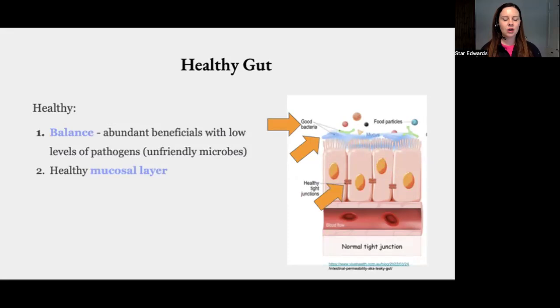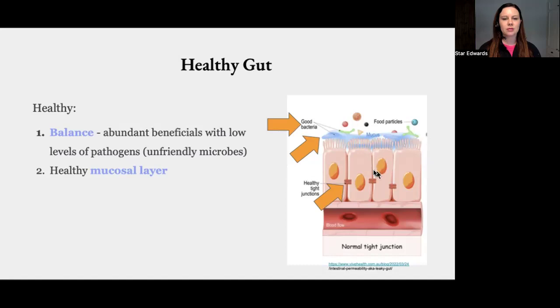So antigens are things that we don't necessarily want coming into contact with these cells and leaking into systemic circulation. They are things like toxins from our environment, toxins from the microbiome, certain unfriendly microbes, as well as food antigens. So the mucosal layer protects the intestinal barrier.